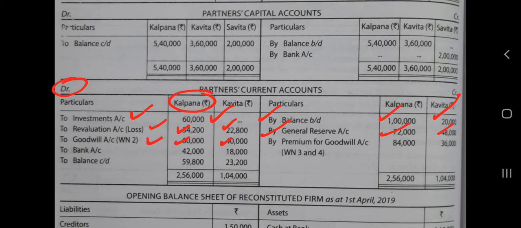The entry for bringing goodwill is bank account debit to premium for goodwill, and the entry for distributing that amount is premium for goodwill debit to partners' capital account or current account. Right now goodwill will be distributed through current account, so you can see it is written by premium for goodwill on the credit side of current account. If current account is not prepared, all these things appear in the capital account. Right now all adjustments are done through current account because capitals are fixed. So we will again read the question. Maybe there is some other point also.